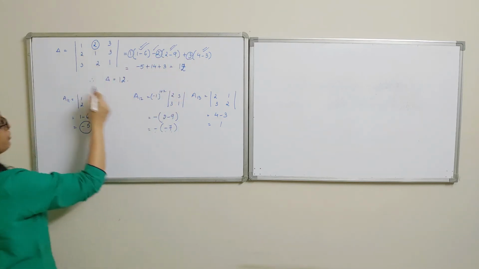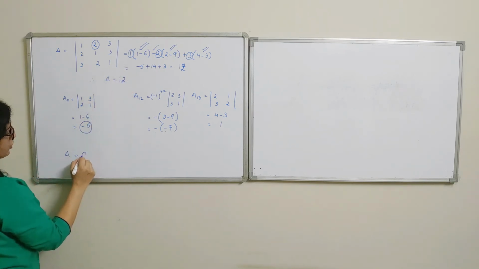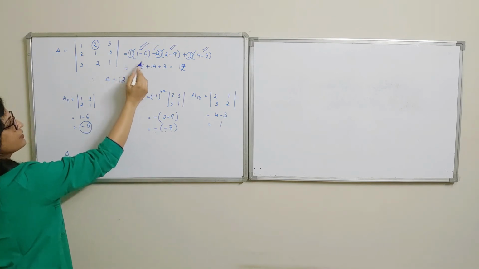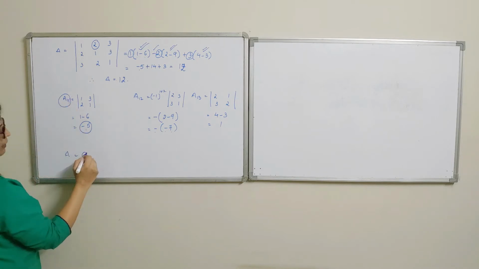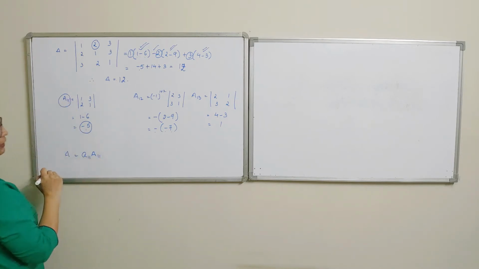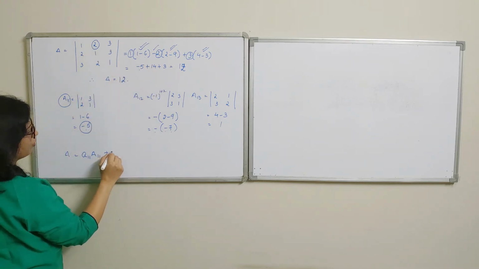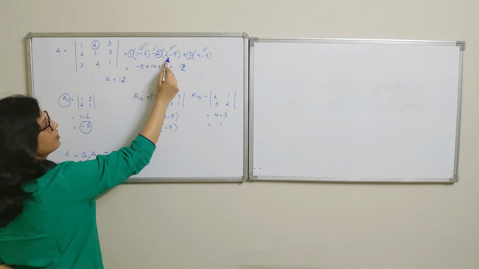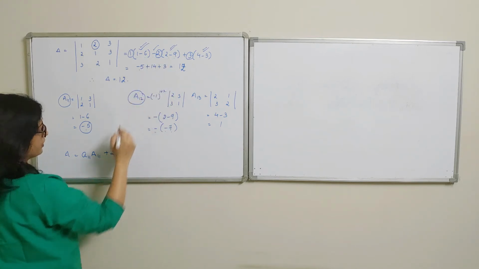So the first element, writing down the determinant, this is the first element, which is A11, and A11 is multiplied by 1 minus 6, which is minus 5, and minus 5 is the cofactor of the element, this way. Then the next element is positive 2 of the first row, and we are multiplying it by minus of minus 7. Minus of minus 7 is the cofactor of this element.